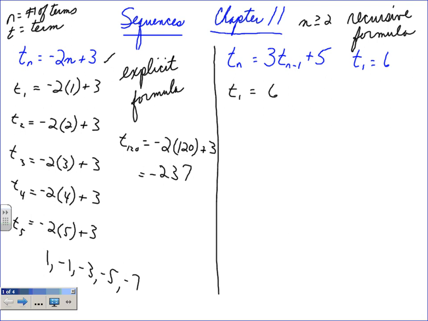In order to find the next term, T2, it equals 3 times t sub 2 minus 1. Well, t sub 2 minus 1, that's t sub 1, the first term, and then plus 5. So 3 times 6, because that's your previous term, 18 plus 5, the second term is 23.